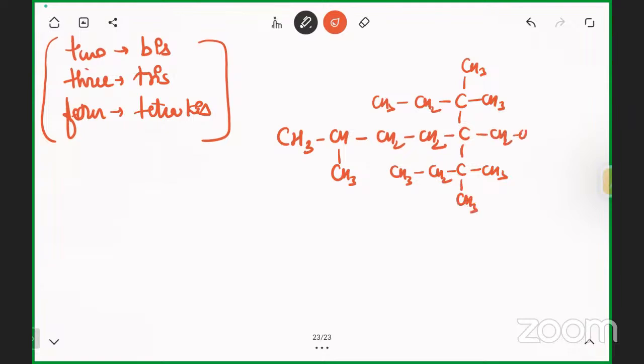Then CH2, CH2, CH, here CH3, then CH3. Okay, let's remove this one. CH2. Number of carbons is 1, 2, 3, 4, 5, 6, 7, 8, 9. Okay, one more I need to add. CH2, and here the last one is CH3. 1, 2, 3, 4, 5, 6, 7, 8, 9, 10. The fifth one, 1, 2, 3, 4, 5. Okay, write the name of this one.